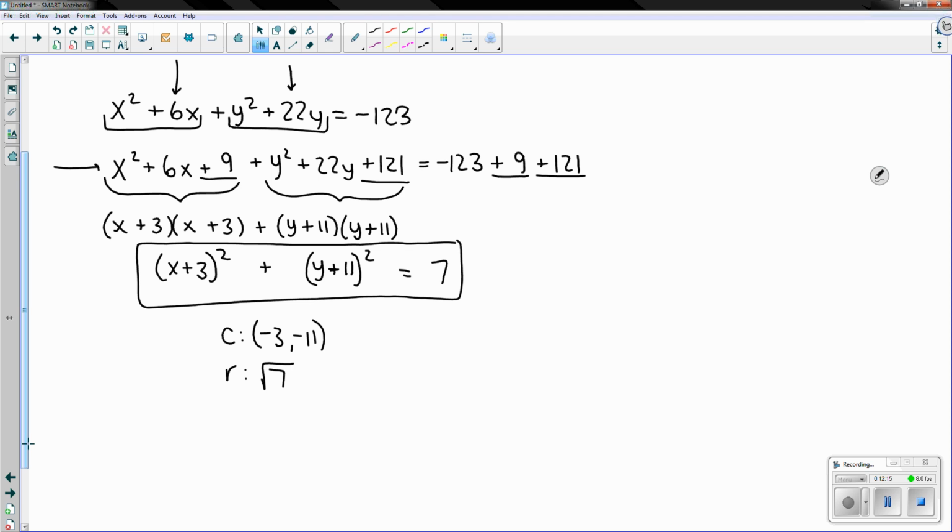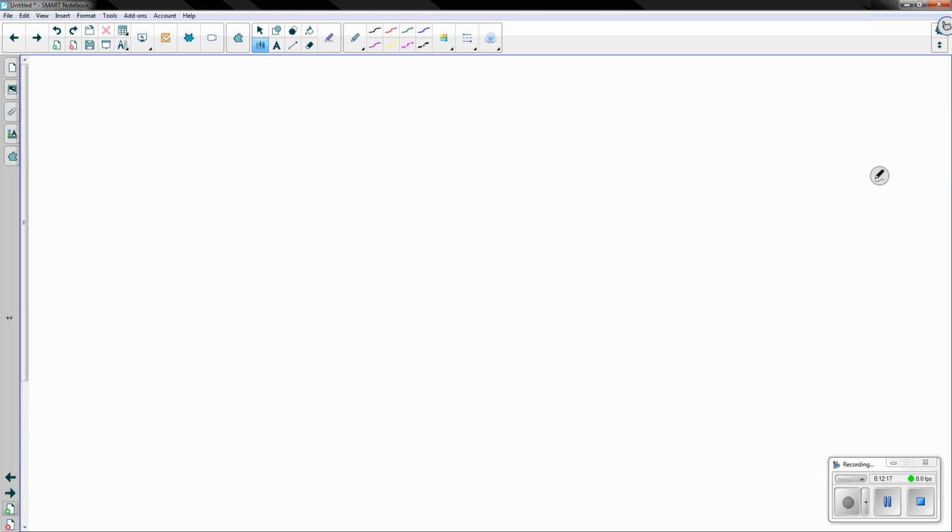So let's summarize the process. How do we complete the square to go to standard form? The first thing you want to do is separate the variable and the constant terms.